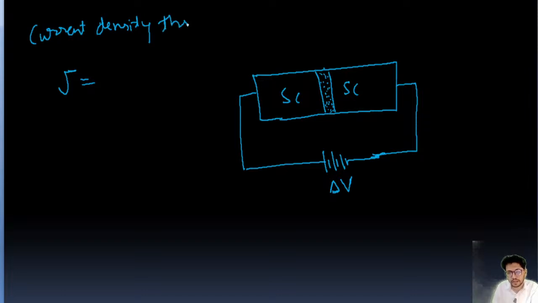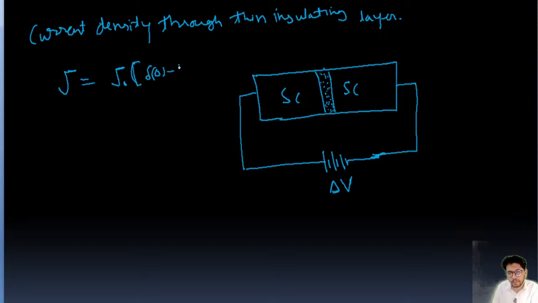J is J naught, delta 0 minus omega t. This is the value of the current density through the insulating layer: J equal to J naught, delta 0 minus omega t.